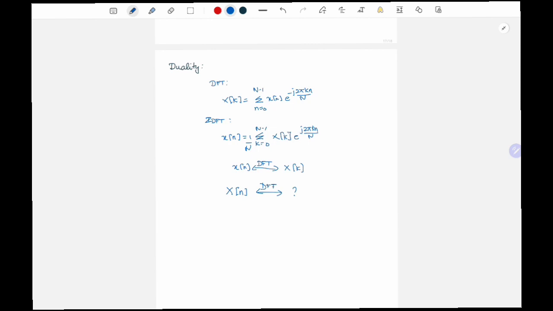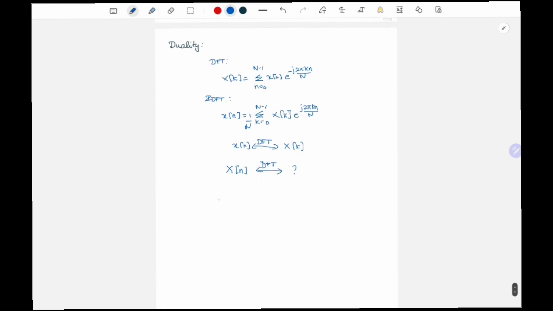So you can take either of these two equations. I'll take the IDFT equation. I'll get n x of n is equal to summation k equal to 0 to n minus 1, X of k e power j 2 pi k n by n. So I have to convert this e power j into e power minus j without affecting this X of k. So what I have to do is replace n with minus n.